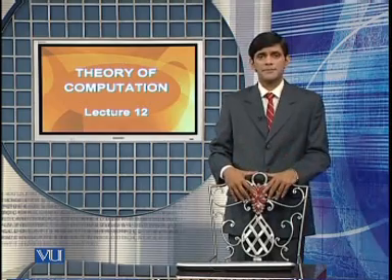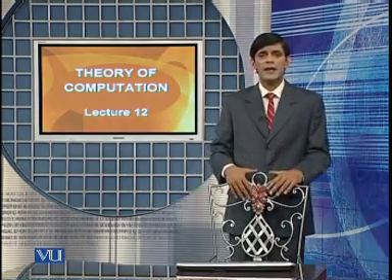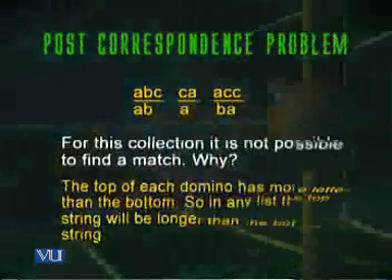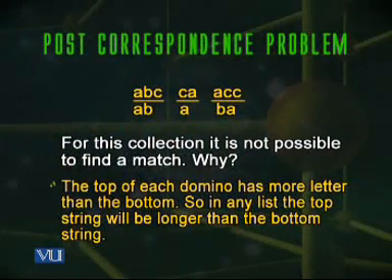Why is that? Well, let's have another look at this collection and look at it a bit carefully. You will notice that in this collection, each domino has a longer string on the top than on the bottom. So if I start making a list using this collection, no matter what I do, the top string will always be longer than the bottom string.